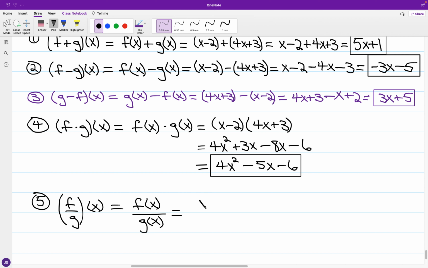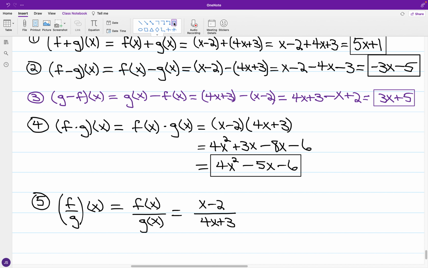Now f of x, we have x minus 2. And for g of x, we have 4x plus 3. And other than 1, there's no common factor that is shared between the numerator and denominator.